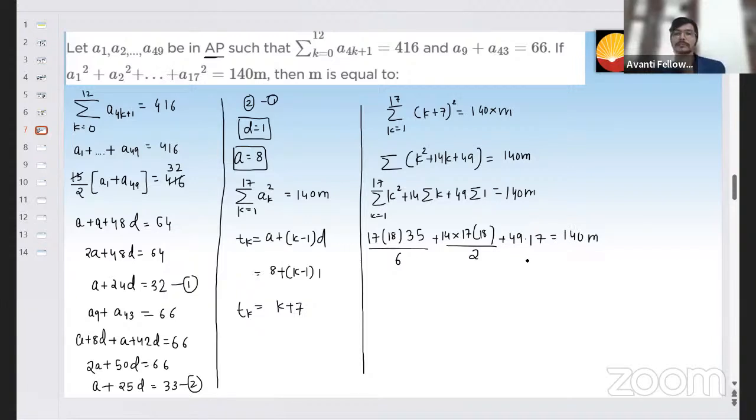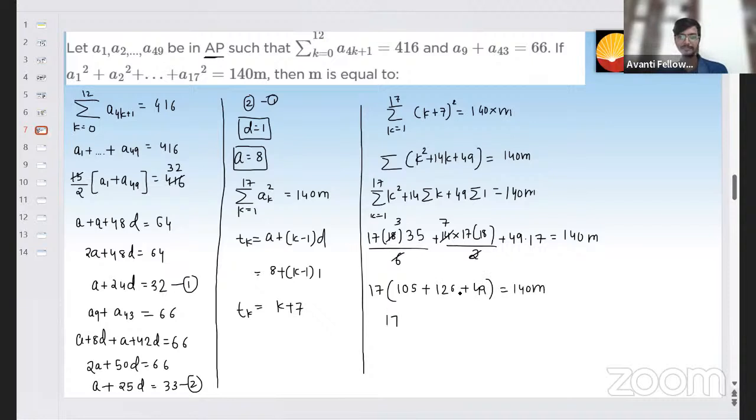So I think we can take 17 common, right? First, let us cancel out: 6 3s are 18, 2 7s are 14. So let me take 17 common. I'll get 35 into 3, that is 105, plus 18 into 7, that is 126, plus 49, equals 140m.